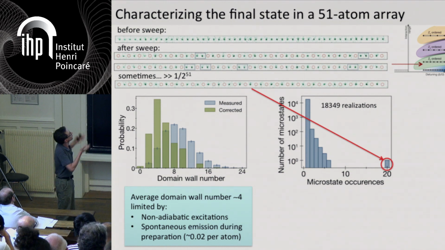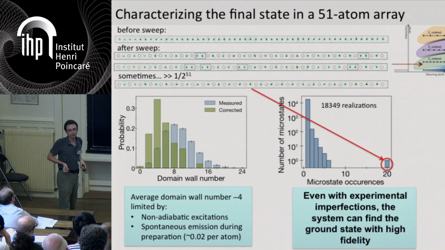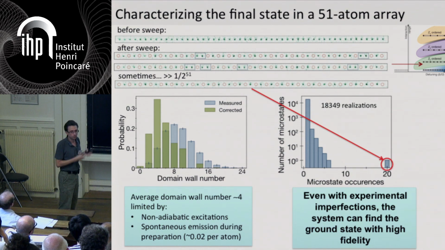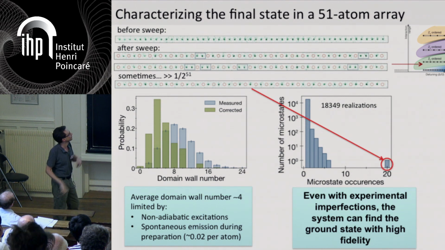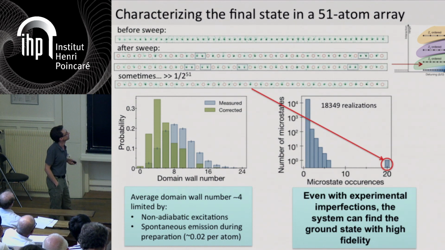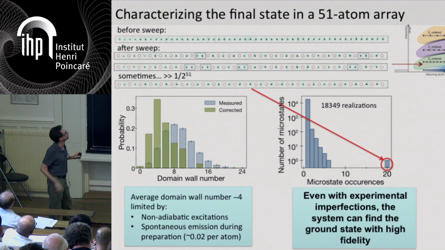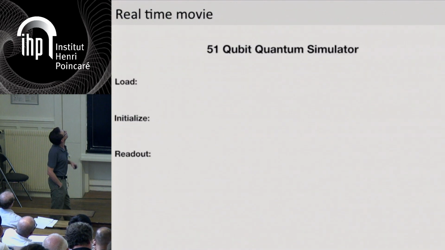So in other words, even with the experimental imperfections, the system can isolate the ground state with high fidelity, which is promising in the spirit of doing quantum optimization algorithms, where you rely on adiabatic sweeps to find the unknown ground state of a many-body Hamiltonian. Of course, here the ground state is trivial, so it makes things much easier, but still it's an encouraging sign in this direction.